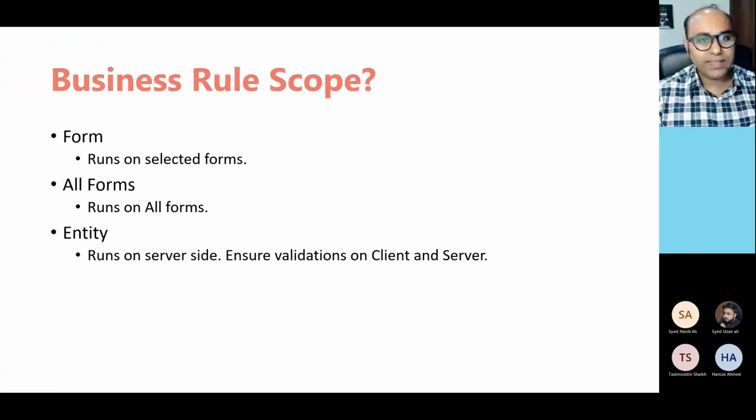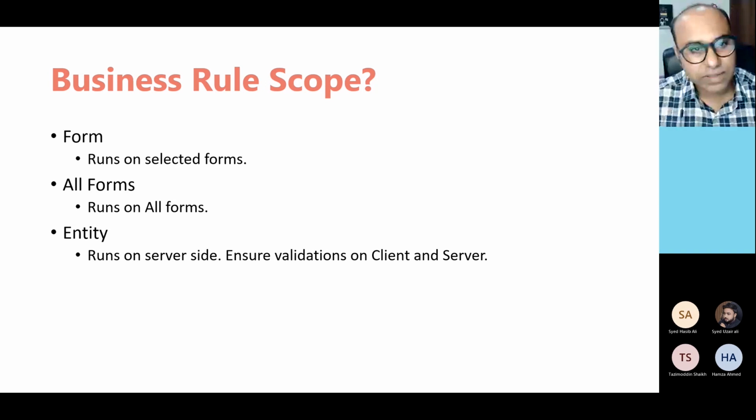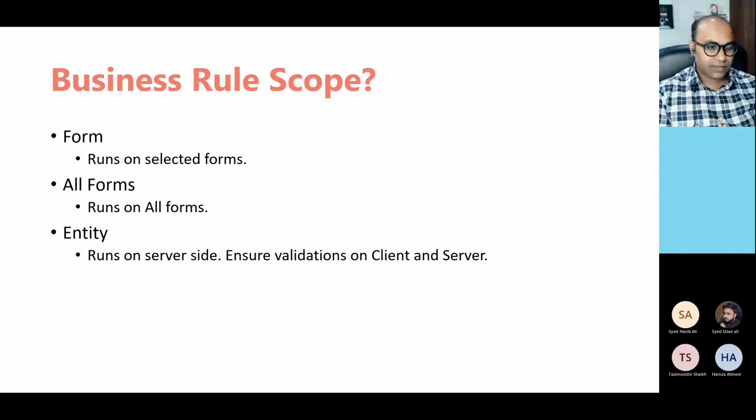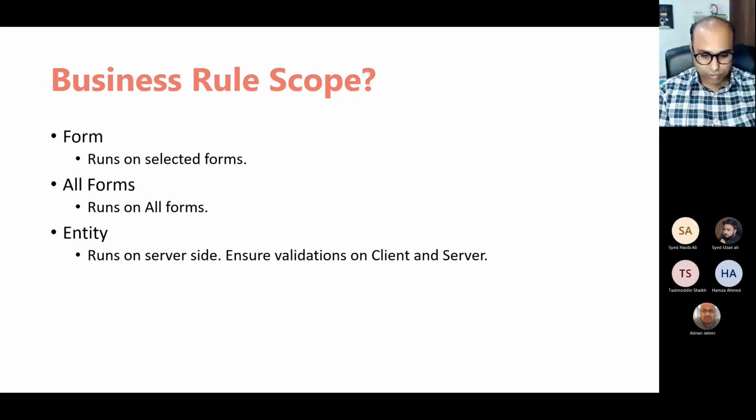One thing we need to understand is that there is something called business rule scope. Before we go into this, let's take an example. Let's say on our contact form, a user has to enter at least one street address. We have two fields: one is street one, the other is street two.